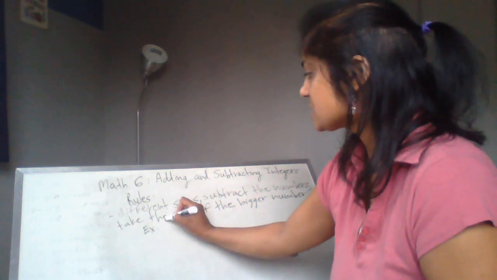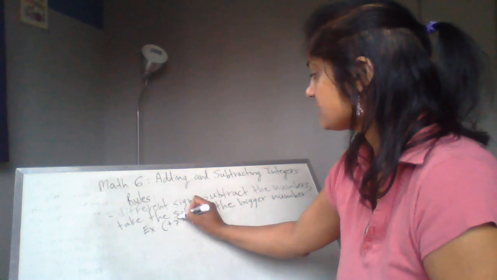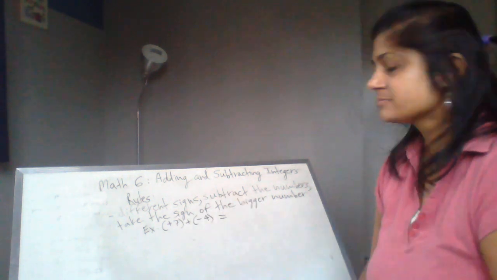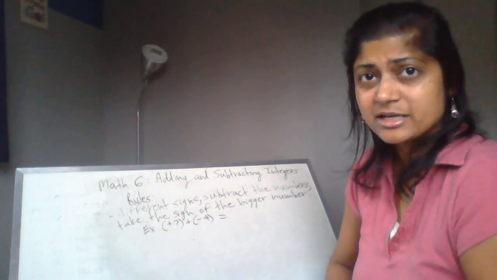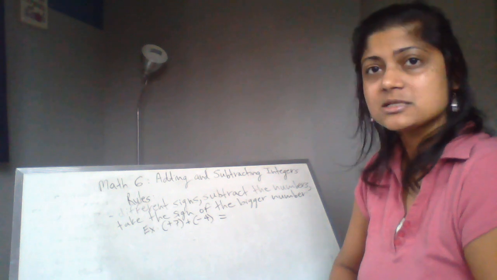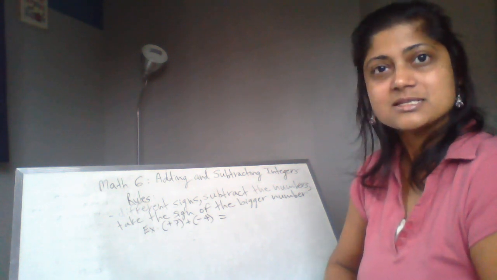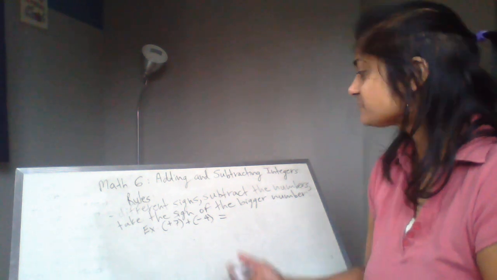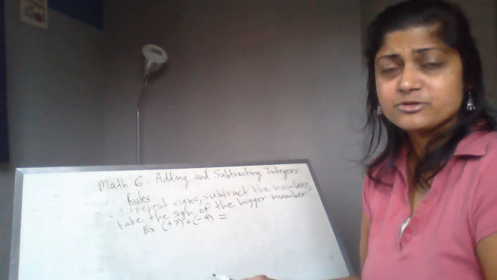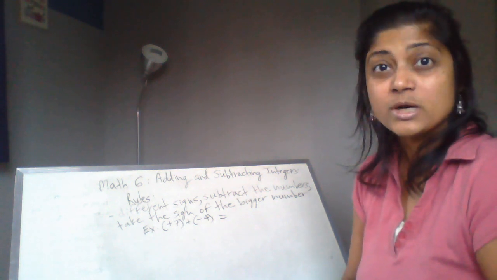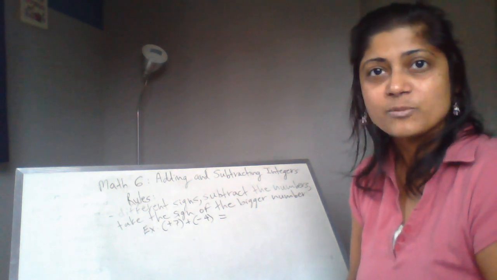I'm going to put different signs here. So let's do positive 7 plus negative 4. Now look inside the brackets. I'm looking at both of these numbers here, and I notice that they have different signs. The 7 is positive here, and the 4 is negative. So because the signs are different, you're just going to subtract the numbers. Students have asked which way, am I doing 7 minus 4 or 4 minus 7?